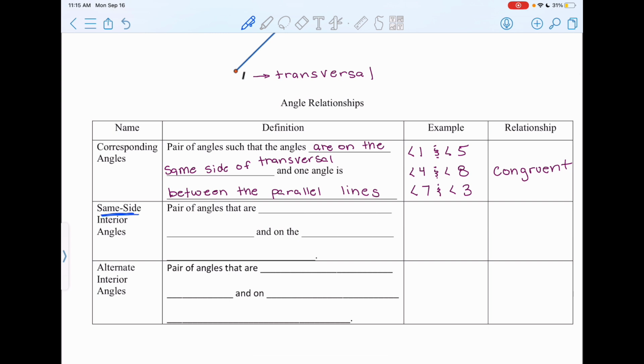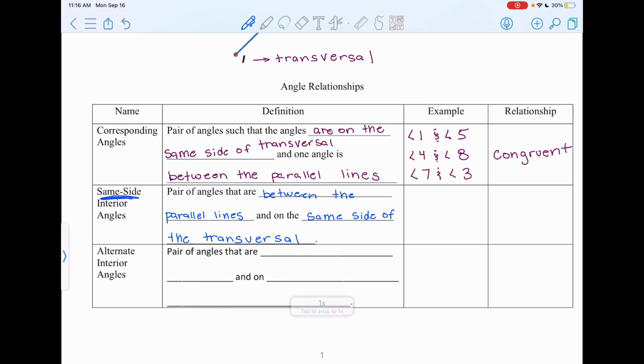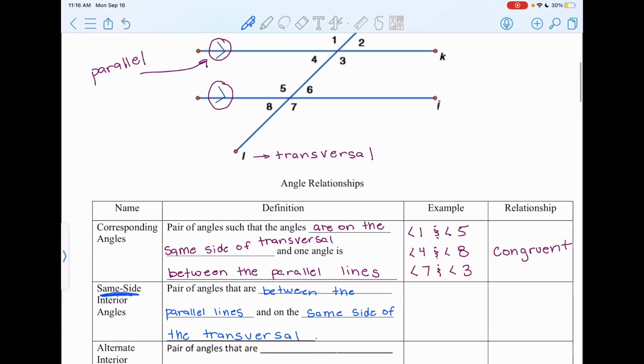Next, let's talk about same side interior angles. As the name indicates, same side interior angles are both on the same side of the transversal, and they're both inside the parallel lines. So same side interior angles are between the parallel lines and on the same side of the transversal.